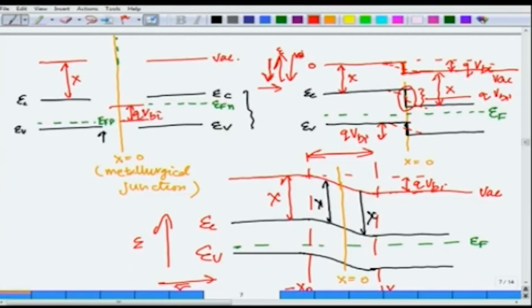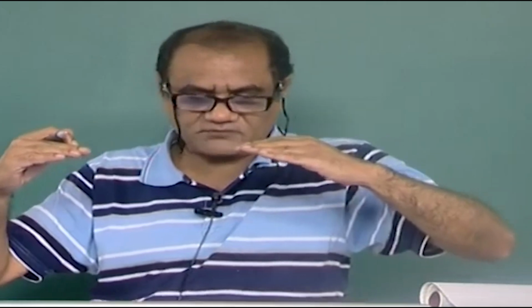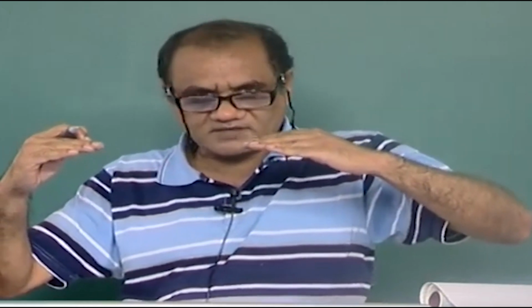Remember, it has happened because we have tried to move the two Fermi levels together. So the amount of shifting that we have done is the difference of EFN and EFP, and by that much amount all the levels have moved, and hence that's the built-in voltage. That's the voltage which has been built in.